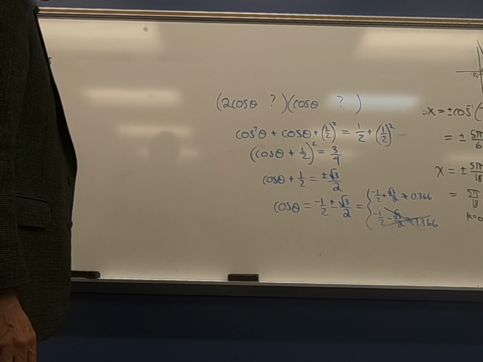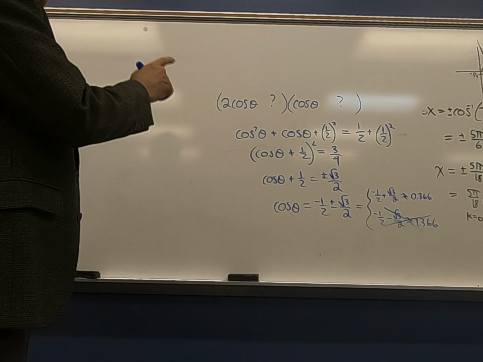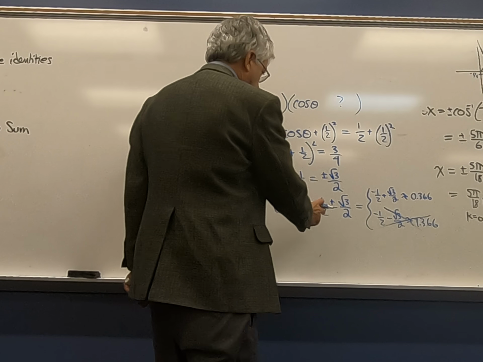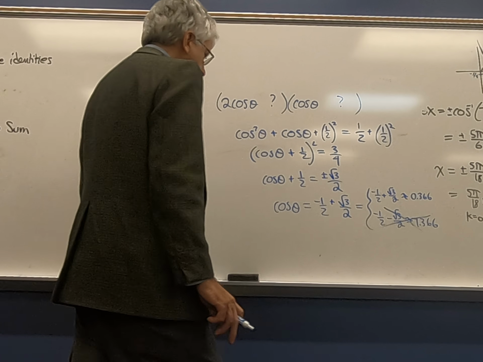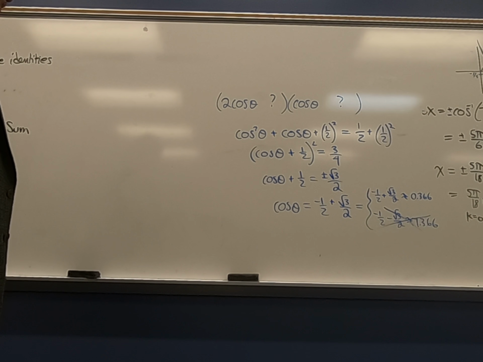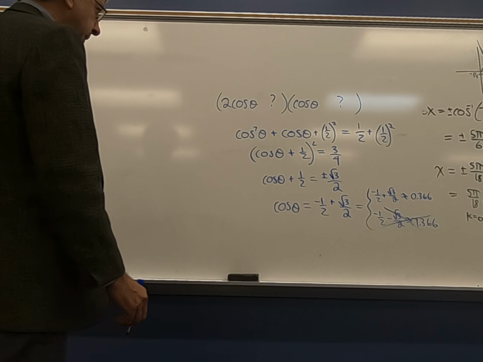But we do then get one good value, which is what we get when we add here. And then we want to say, well, the angle whose cosine is that, or the negative of it, right?